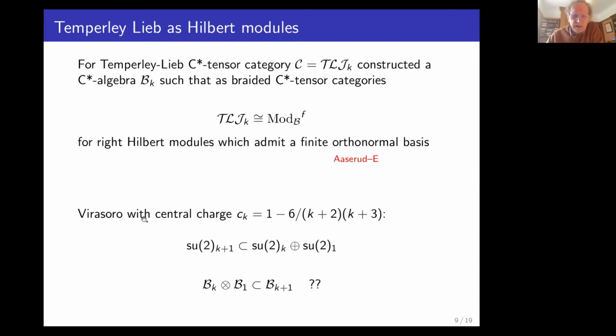Now, you can get the Virasoro algebra by a conformal inclusion like this, and then doing a coset construction. So this suggests that we should take the algebras we had before, look at this inclusion, and try to do a coset construction for this inclusion of C-star algebras.